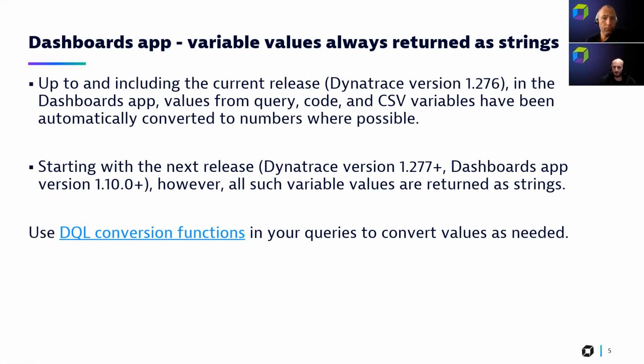You need to use the conversion functions in your queries to convert values as needed. So there might be some errors in some of your existing dashboards, dependent on the previous conversion. For example, if you expect a number in your query, now it's going to receive a string. As I said, you need to use these conversion functions to get the values which you need.